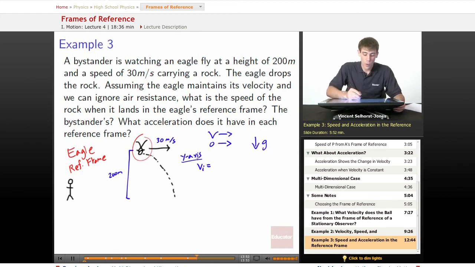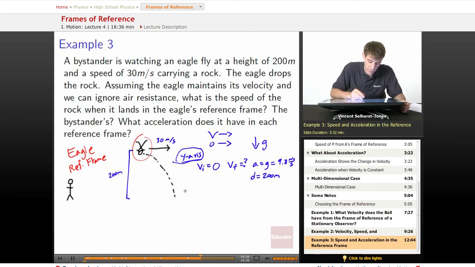So the V initial is equal to 0, because at first it's not going anywhere, it's just going along with the eagle at its current speed. The eagle lets go. We don't know what V final is, that's what we're going to look for. We know acceleration is equal to g, which is 9.8 meters per second squared. And finally, the distance is equal to 200 meters that it falls.